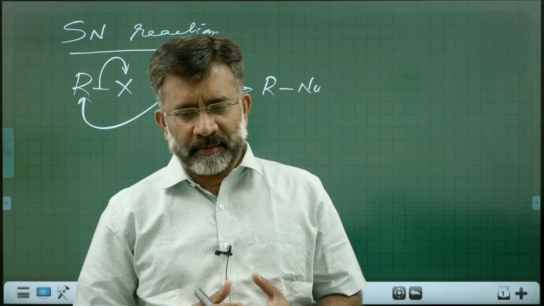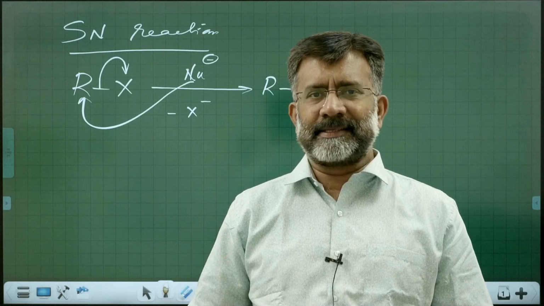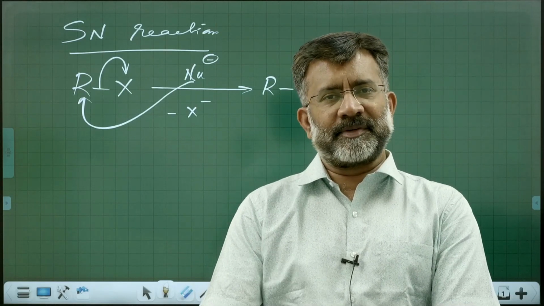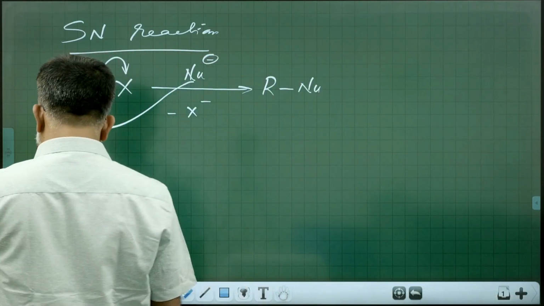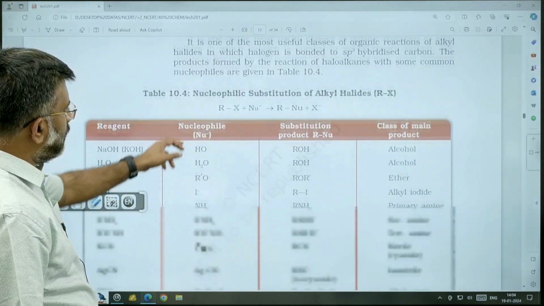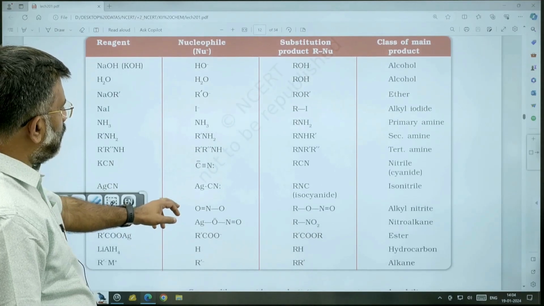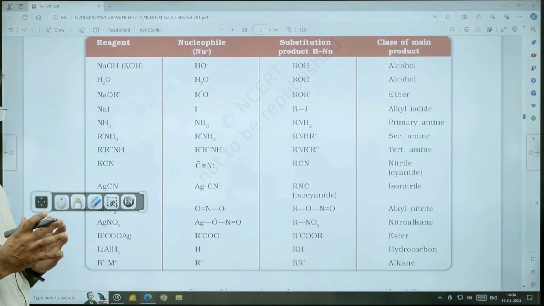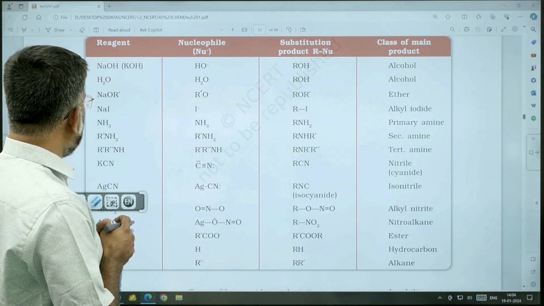We have to examine all the possible cases involved in nucleophilic substitution reaction, which are listed in tabulated form in the textbook. You have to go through this table meticulously, one by one.